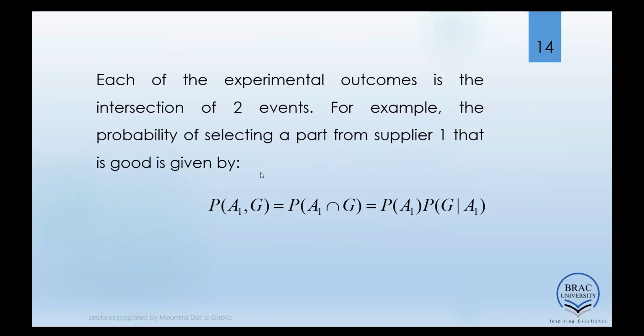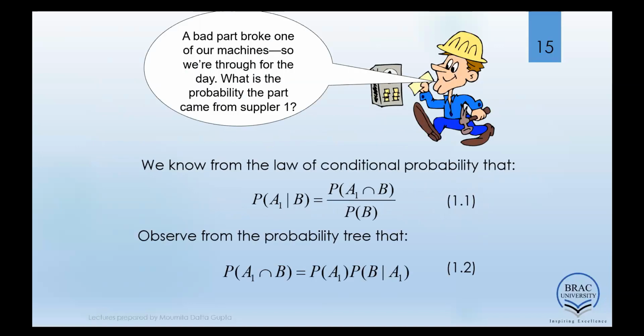That is, the probability of a part being good and coming from supplier 1 is equal to the probability of parts coming from supplier 1 times the probability of a part being good given that it has come from supplier 1.